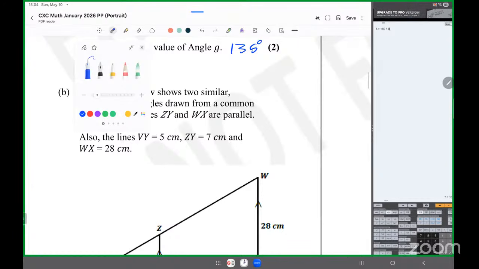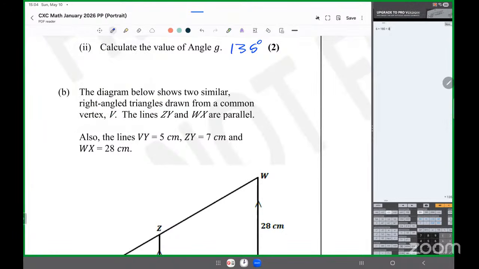Once you see similar triangles, if you remember, the ratio of corresponding sides are equal, and the ratio of the areas is equal to the ratio of the squares of corresponding sides. So the ratio of corresponding sides are equal on the 2 similar triangles, and the ratio of the areas of the 2 similar triangles equals the ratio of the squares of corresponding sides.